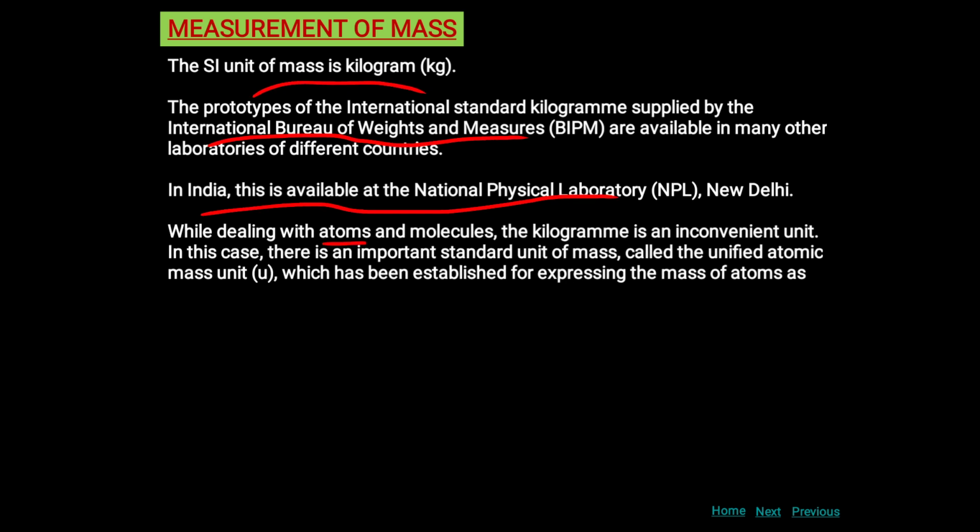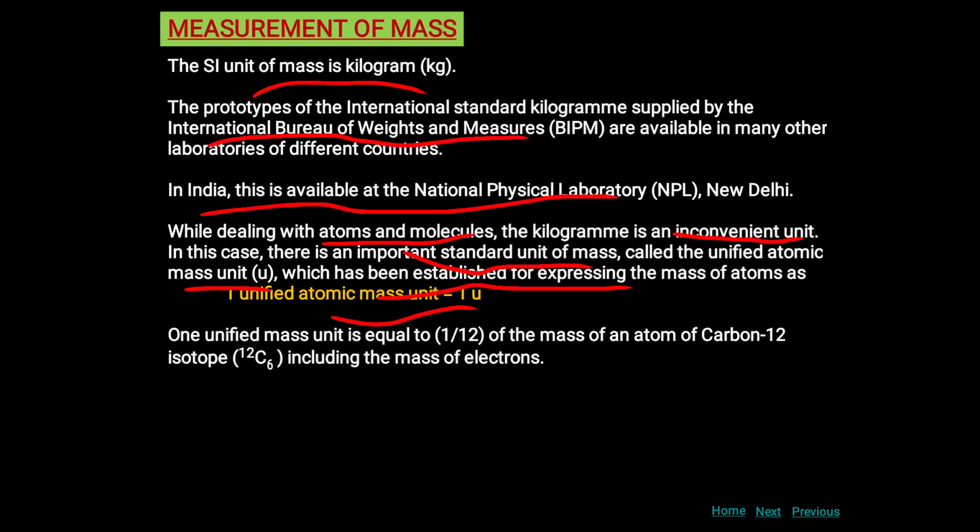While dealing with atoms and molecules, the kilogram is an inconvenient unit. In this case, there is an important standard of mass called the Unified Atomic Mass Unit, that is amu, which has been established for expressing the mass of an atom. 1 unified mass unit is equal to 1 by 12th of the mass of the carbon-12 isotope, 12C6, including the mass of electrons.